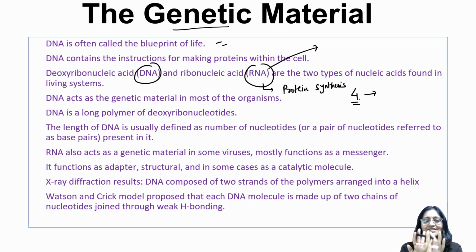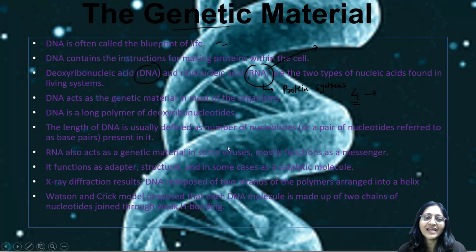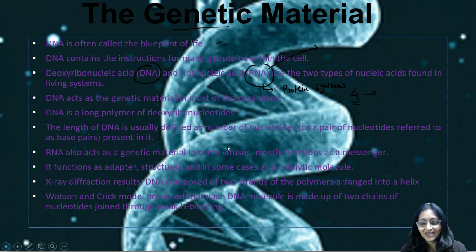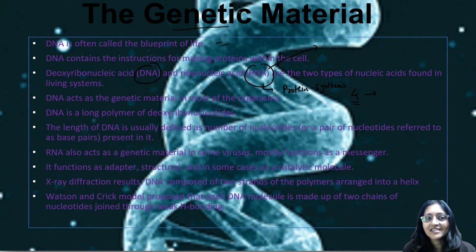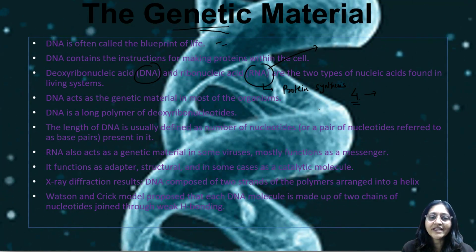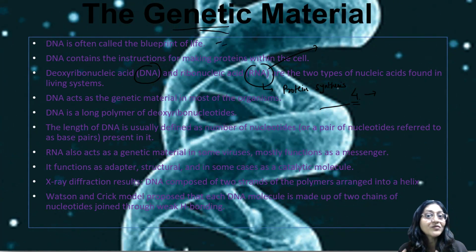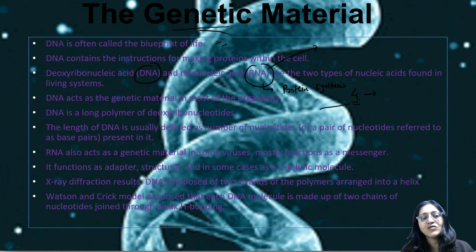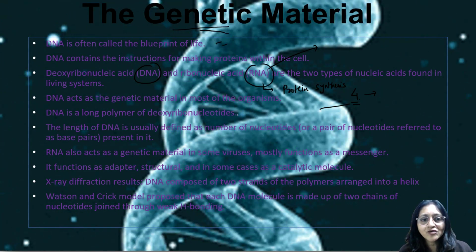Now you twist this. How will it look? The structure will look like this. So you have a beautiful DNA double helix, made up of two polynucleotide chains, which are joined together by hydrogen bonds.